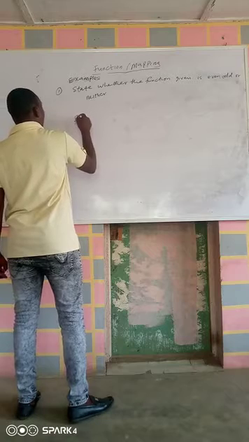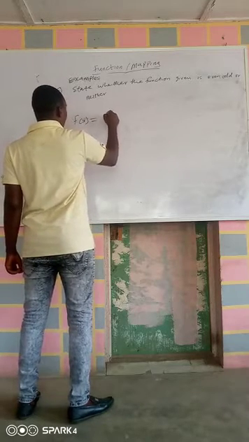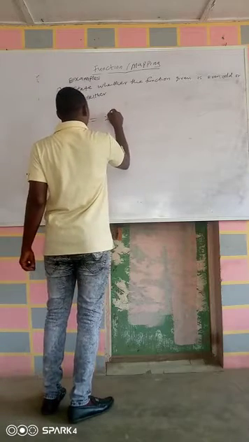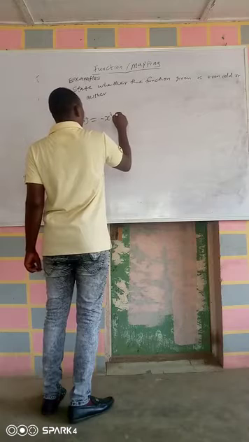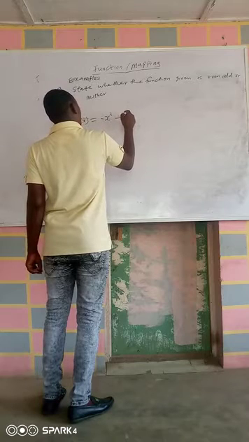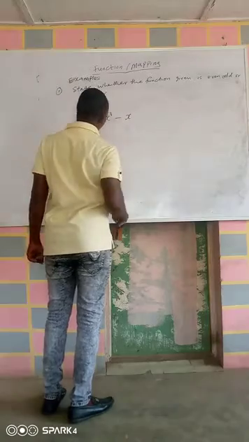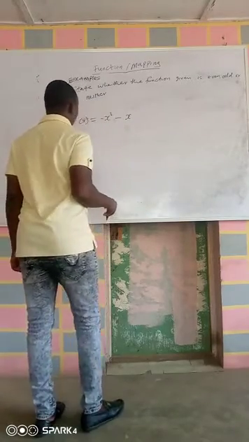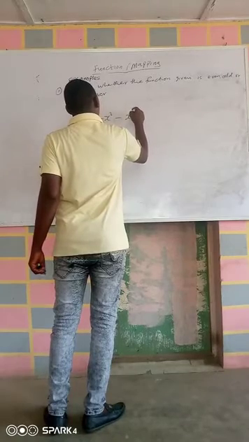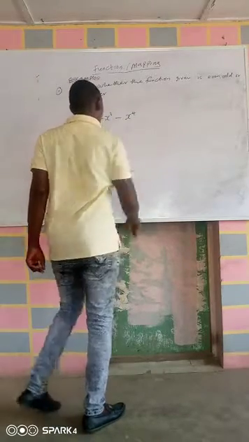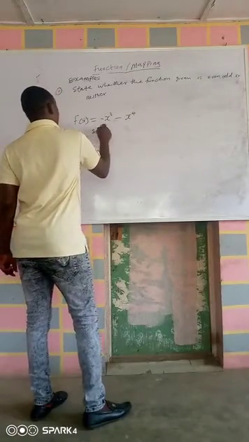F of x equals s raised to power 3 minus s raised to power 3 minus s raised to power 4. Let's check this.